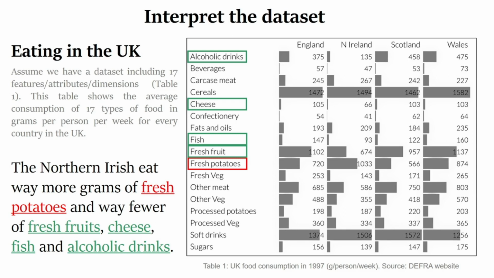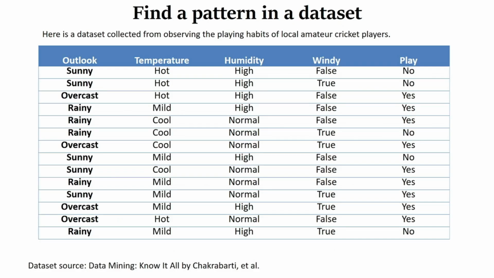But in data mining, data analytics or machine learning, we are writing some code, some scripts which automatically identify all of these patterns and rules. Another example was this data set collected from a cricket player, with features: outlook, temperature, humidity, windy, and play.